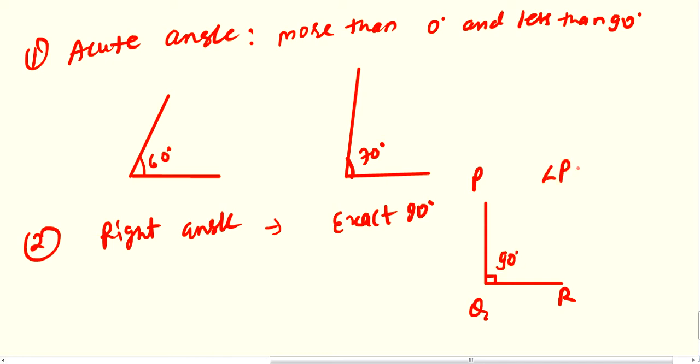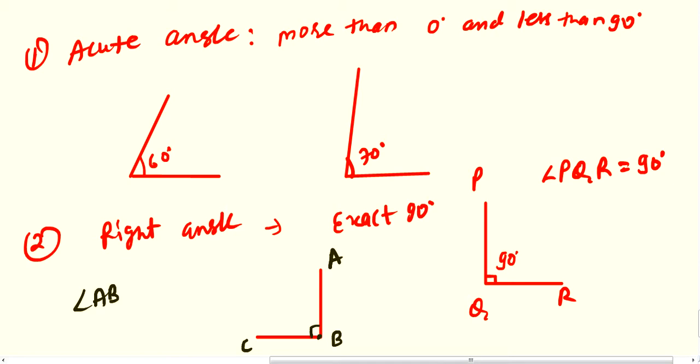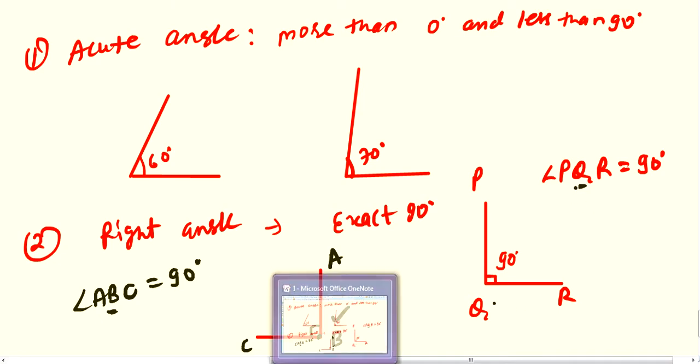So you can represent this as angle PQR equals 90 degree. Similarly, this is also a right angle triangle in which A, B, C, 90 degrees at B. So you can write this as angle ABC equals 90 degree. The middle letter indicates the angle, which is B here, so the angle will be at B. Similarly, in PQR, Q is in the middle, so Q will be your angle.